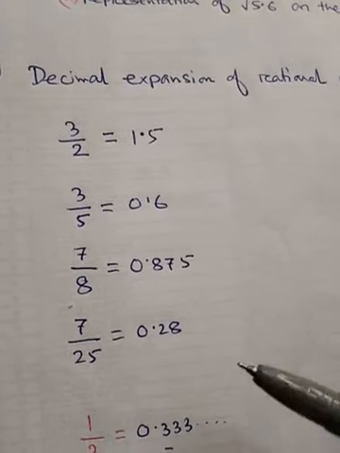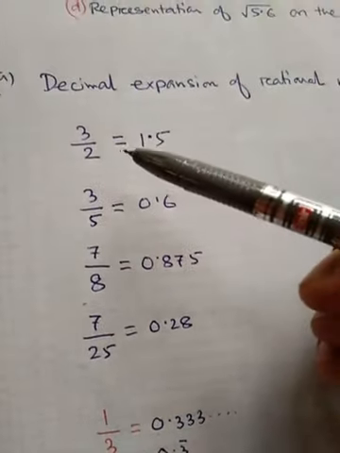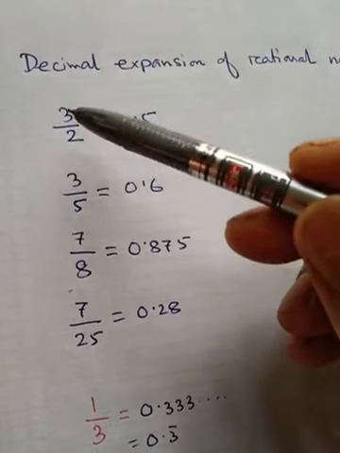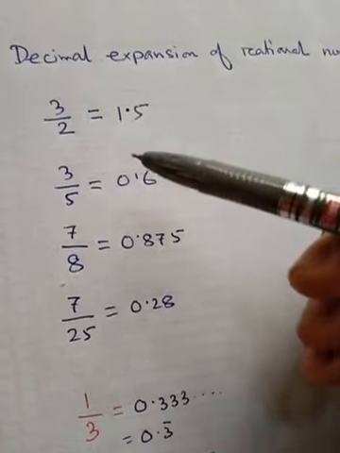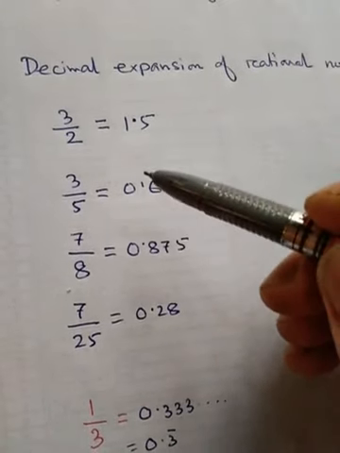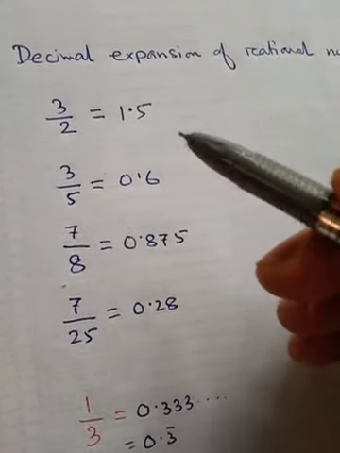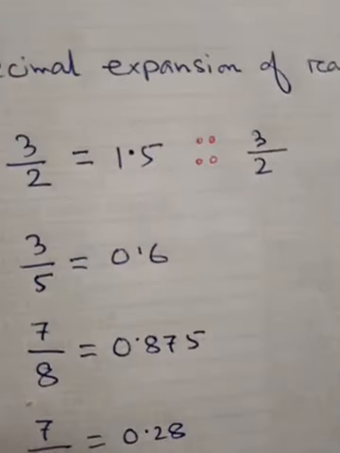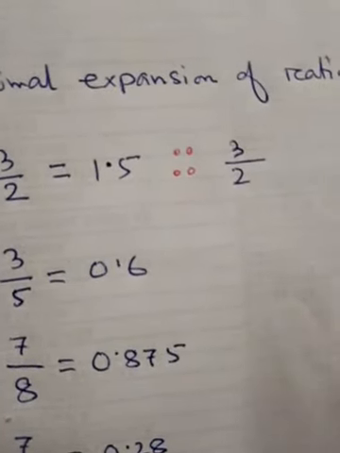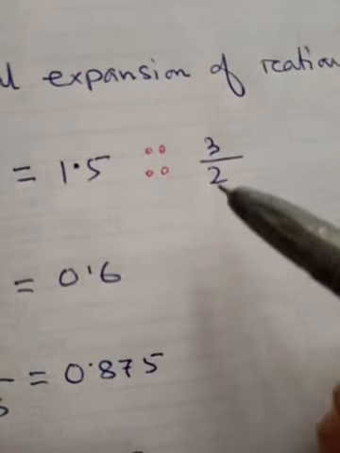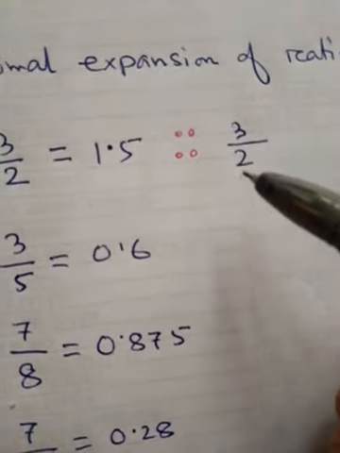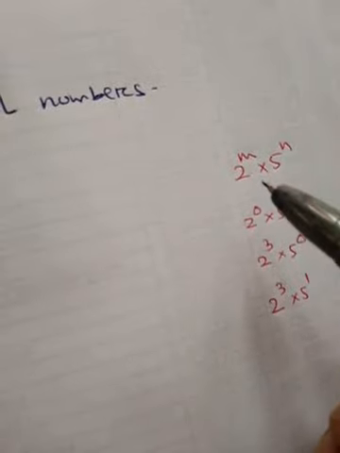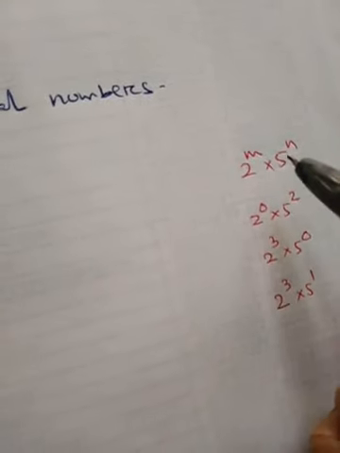Now the next thing is, without dividing, how can we represent these terminating decimal numbers in decimal form? For this, let us see what we have to do. In the rational number, we look at the denominator, and we have to convert the denominator to the form 2 to the power m into 5 to the power n.